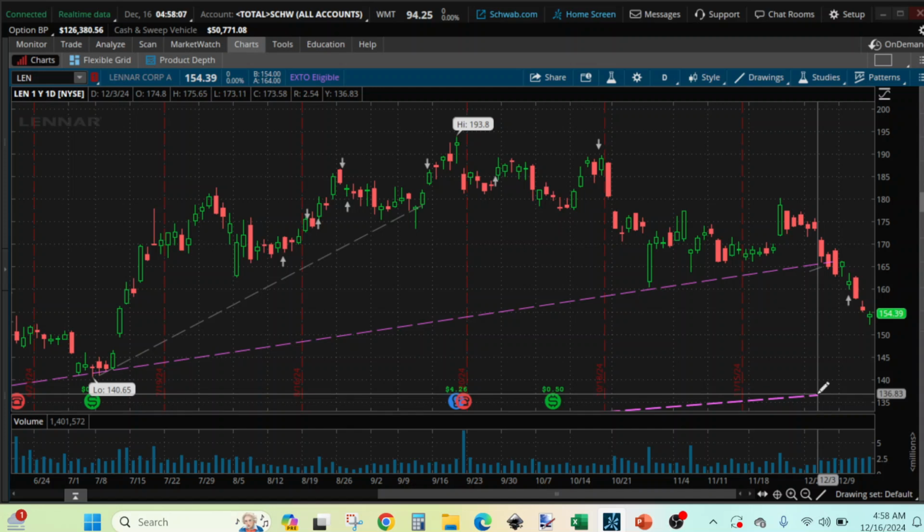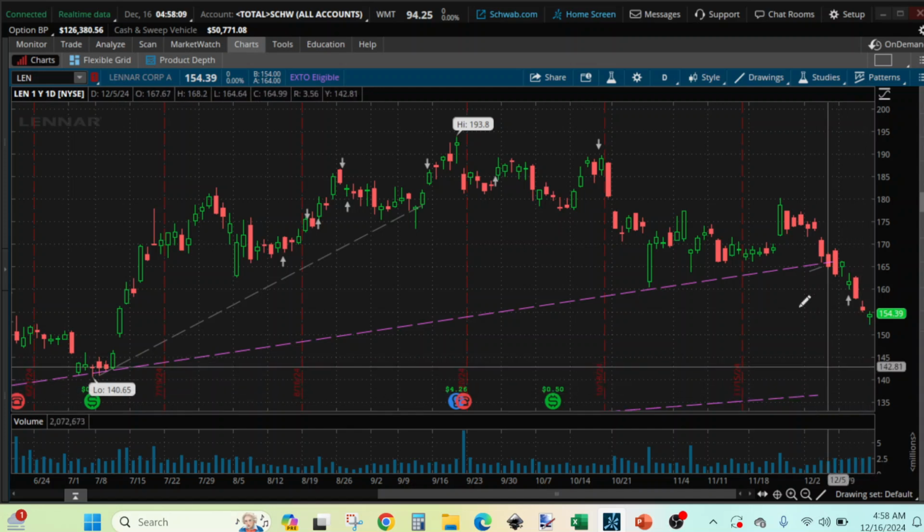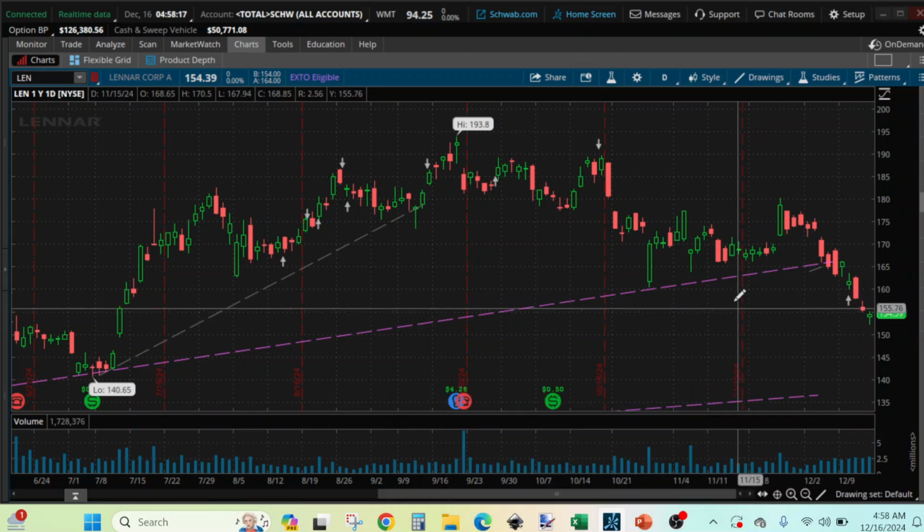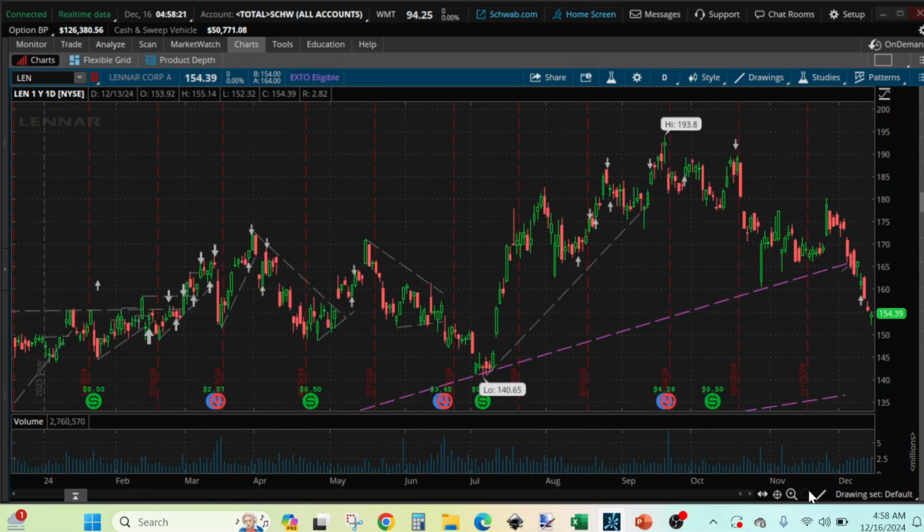If it comes, we might buy and start going up from there. We might buy more. But again, that's something good for us to take note of. And I don't know how long this line is. It's actually a long line. It's a long-term line.